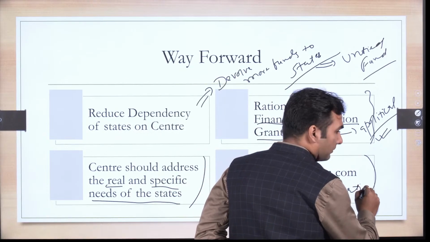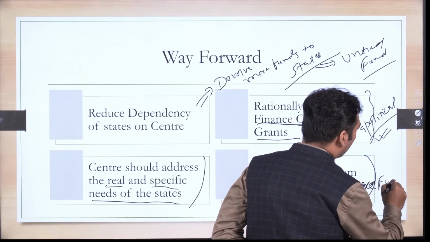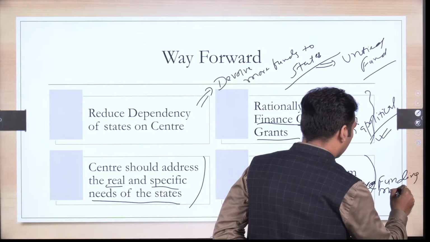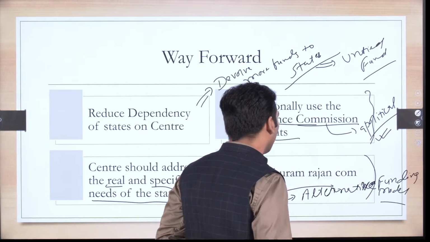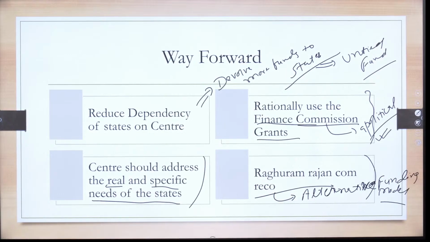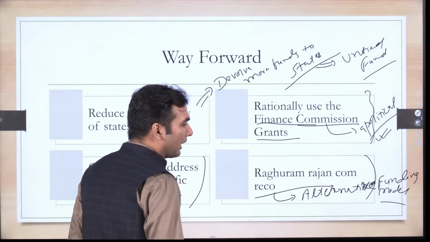Alternative funding model. This is something that has been suggested by the Raghuram Rajan committee. This funding model says that we should have two criteria.